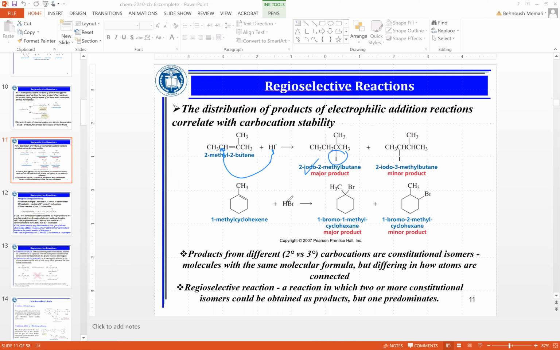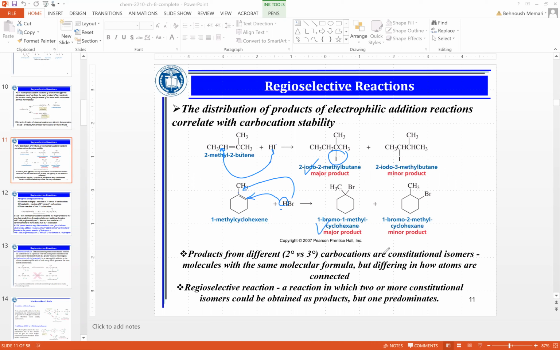In this case, hydrogen is going to add to this carbon because it already has one hydrogen. So hydrogen would add to the carbon with more hydrogens, and Br would add to the carbon with the least number of hydrogens, and that would make it the major product. So we are getting a highly substituted alkyl halide.